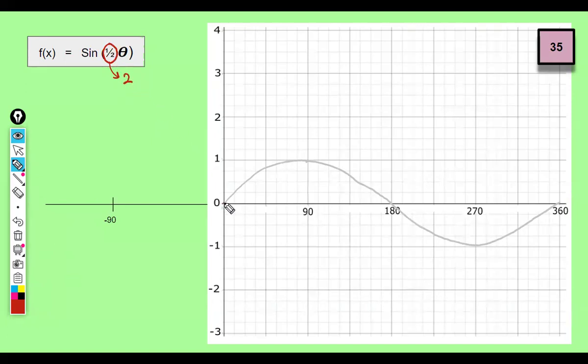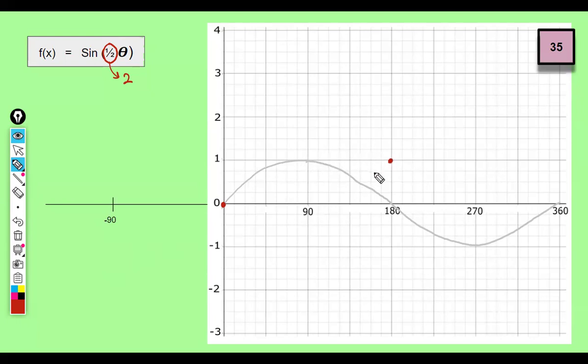Over here, the x coordinate is 0. 0 multiplied by 2 is 0. Over here, the x coordinate is how much, right? The x coordinate is 90. Now, 90 multiplied by 2 is 180, right? So this point shifts to over here.